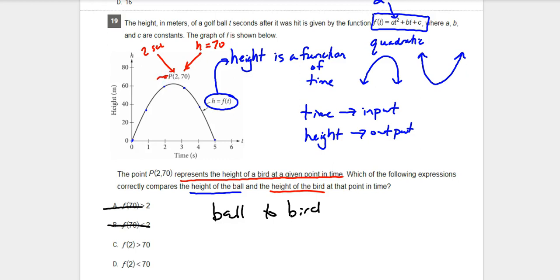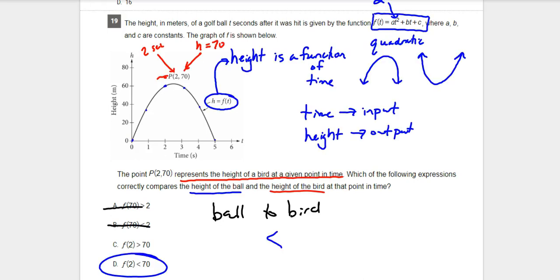The bird is up here and the ball is down here. So f of 2 for the ball is less than that of the bird. So right here, the height of the ball and the height of the bird, f of 2 is less than 70, smaller.